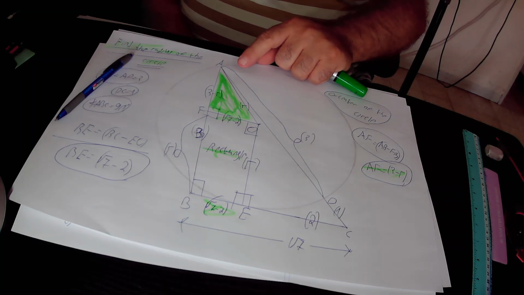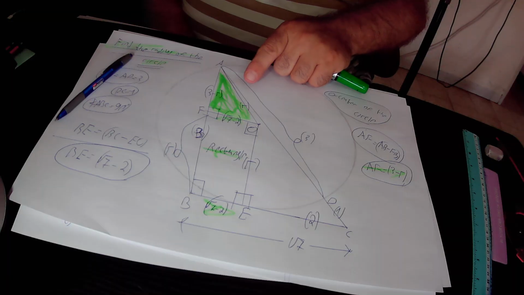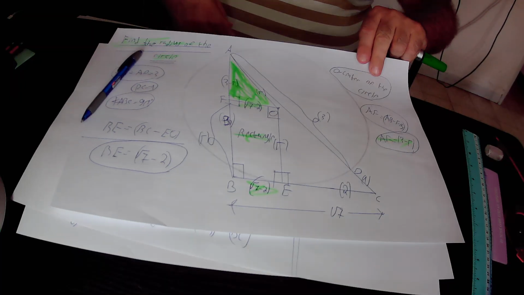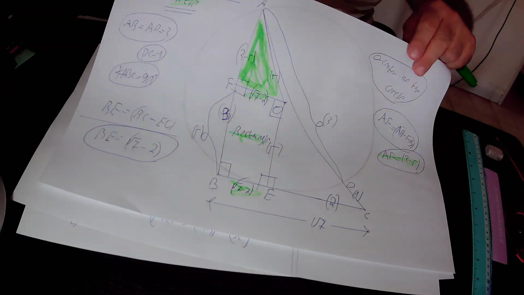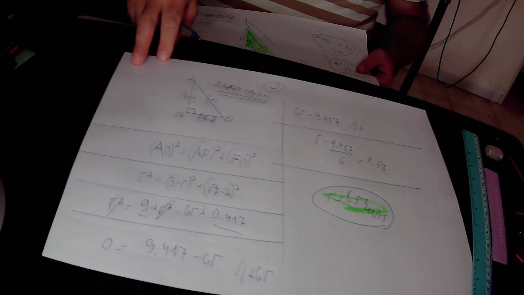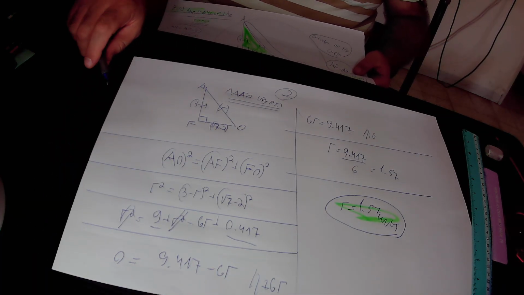In the next step, I copied the right triangle AFO onto a new page and we implemented the Pythagorean theorem on this right triangle AFO.